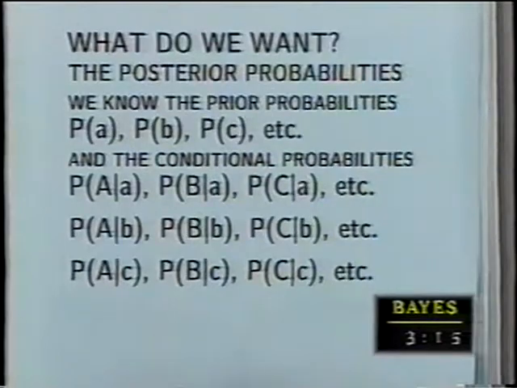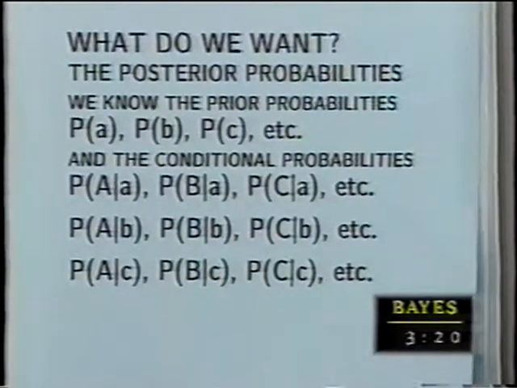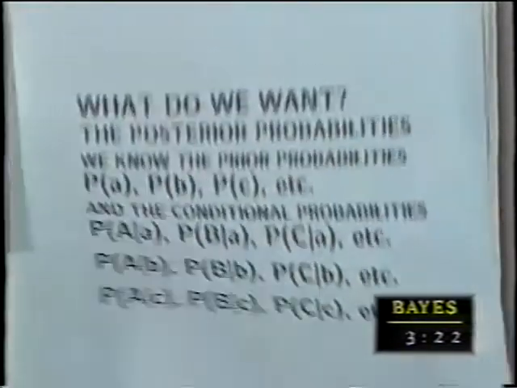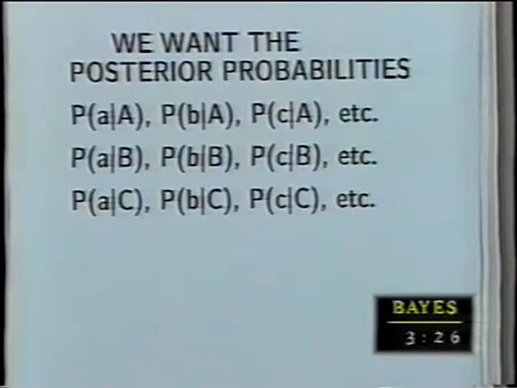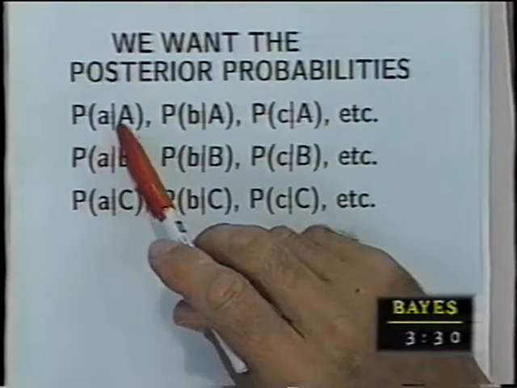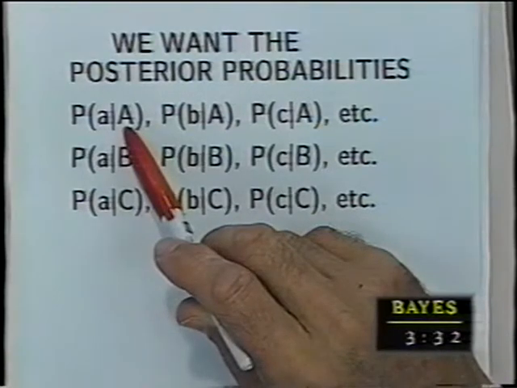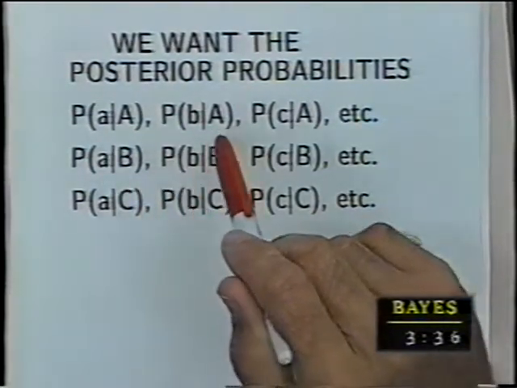So if we observed what happened first, we can figure out the probabilities of what's going to happen second. Well, what do we want? What we want are the posterior probabilities, which are, believe it or not, the probability of what happened first, given I know what happened second.